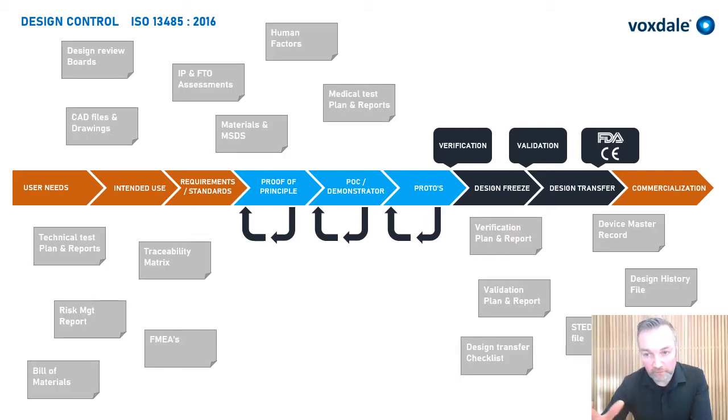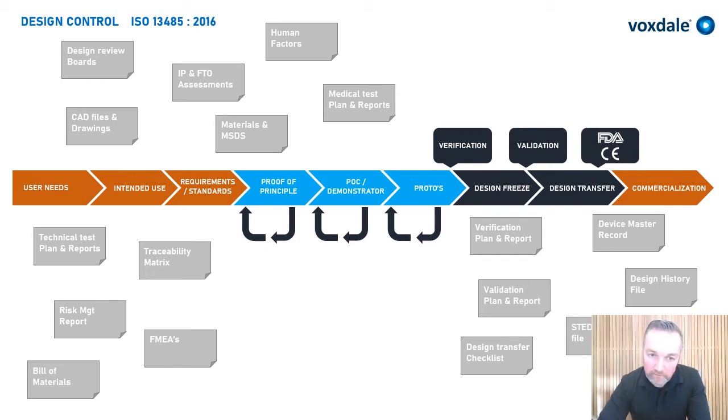This involves a lot of documentation and paperwork. During your process, you'll have a lot of design review boards between every single phase. There will be computer-aided design files and drawings. You'll have to do patent search, IP assessment, patent filing. There will be lots of human factors engineering. You might work with materials and polymers, so you'll need material safety data sheets. You'll do testing and risk assessment.